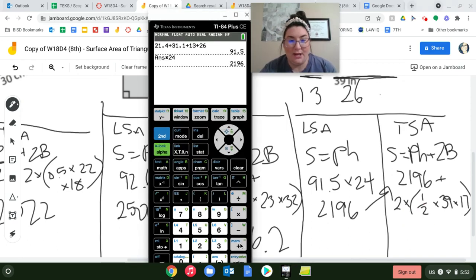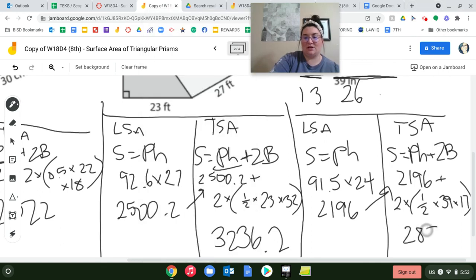So plus 2 times 1/2 times 39 times 17. Remember, that has to do with the base. All right, so my total surface area is 2859.